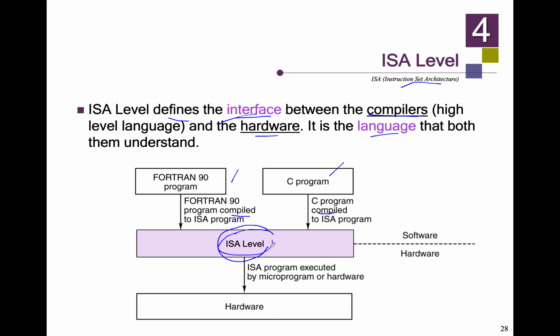This will be executed by using your microprogram or the hardware. So this one is under your software. Of course, your program is software, and then you have the hardware to execute your program. So this is what happens, and this is the use of your ISA.